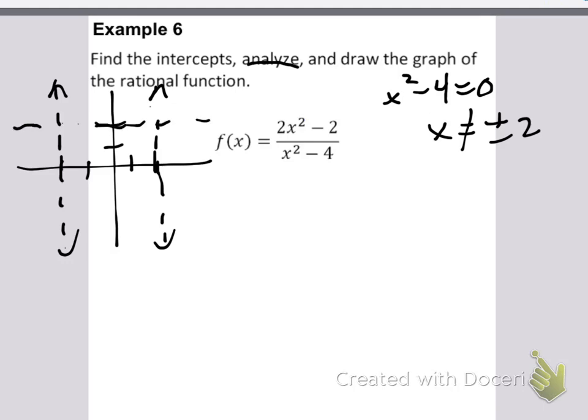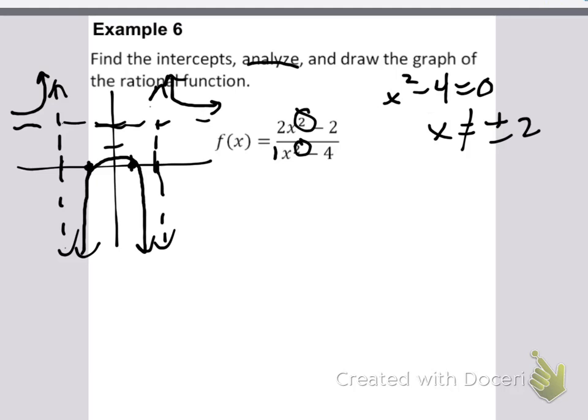Hopefully you know why the horizontal asymptote's 2. Degrees are the same, so 2 divided by 1 is 2. So the graph is really going to look like this. I figured this out by graphing it on the calculator.